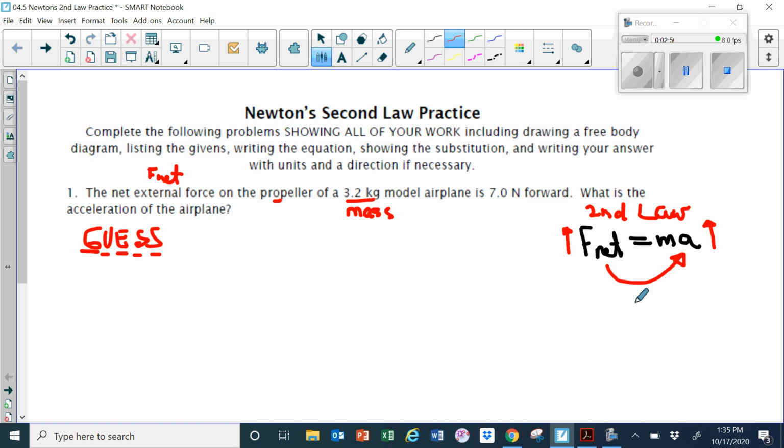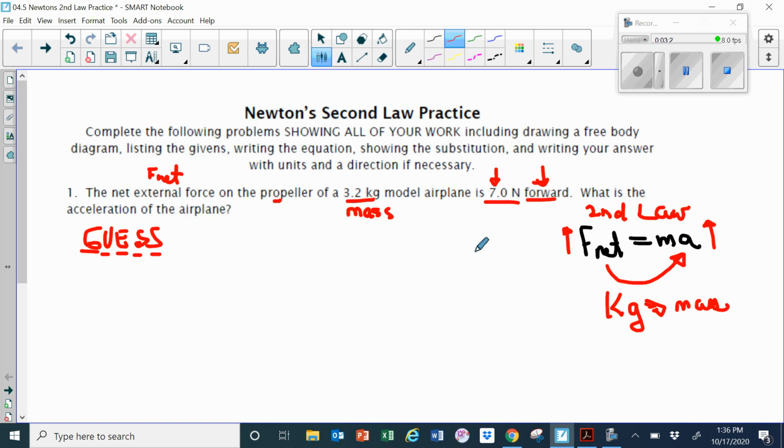So this is the mass of the airplane. The net external force applied on the propeller of the model airplane is 7 newtons forward. So this is the magnitude, and this is the direction. Then it says, what is the acceleration of the airplane?